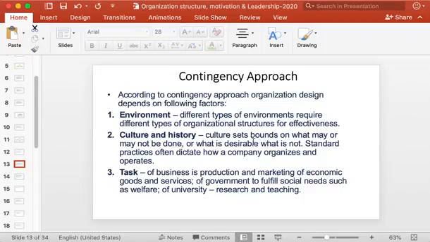If the organization is required to fulfill social needs, for example, a government organization, then organization structure may need to be changed or improved in order to fulfill social welfare, for example.